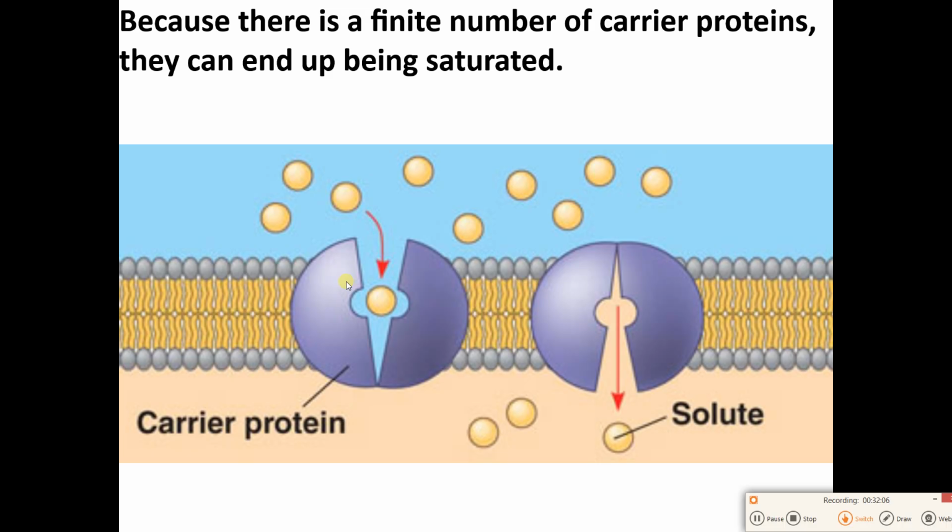If I only have one, and it takes a second to move this guy in, I can only move one per second. Doesn't matter how many I've got out here. All right, so carrier proteins can become saturated or overwhelmed. It wouldn't do me any good if I just kept adding these yellow circles out here. My carrier protein couldn't go any faster.